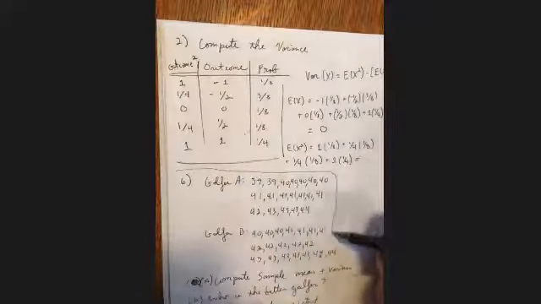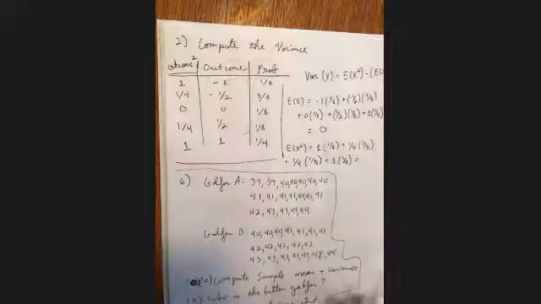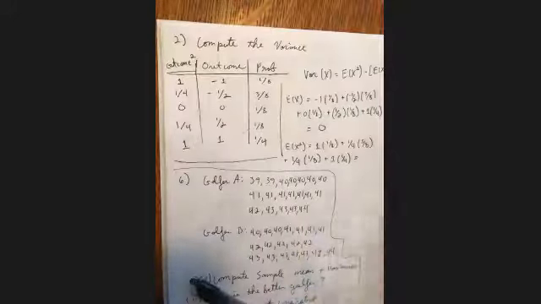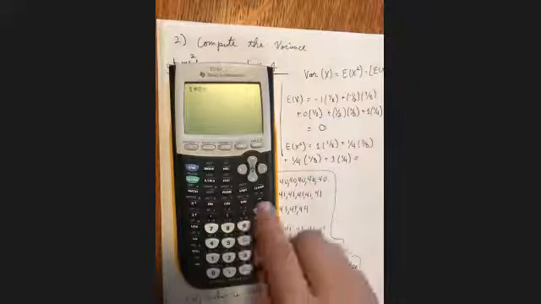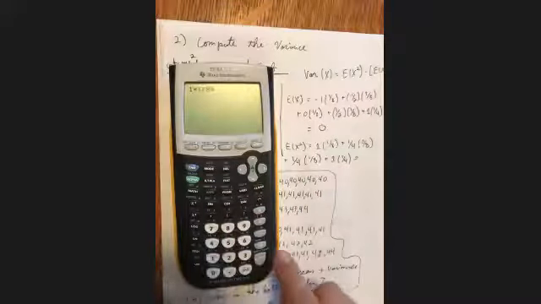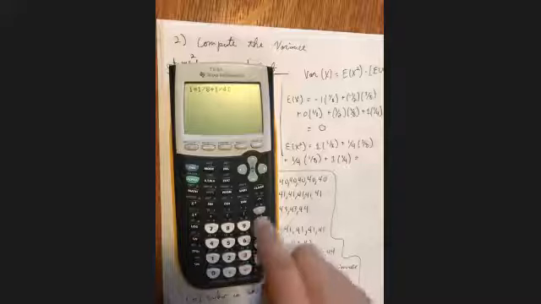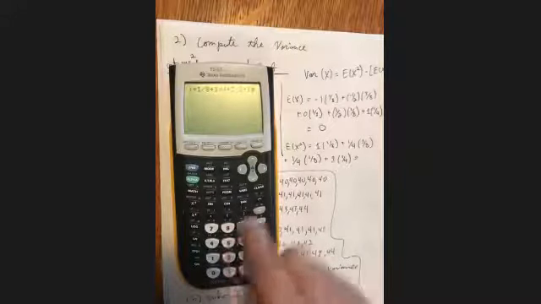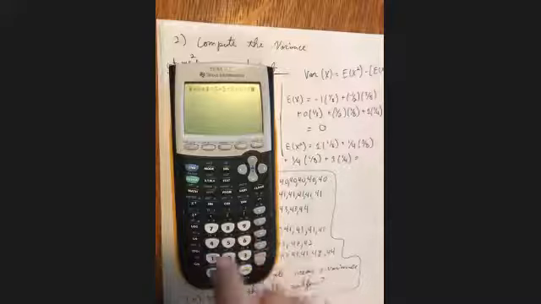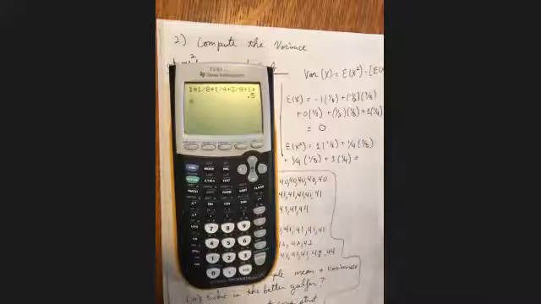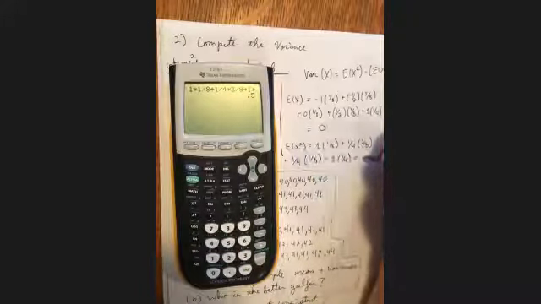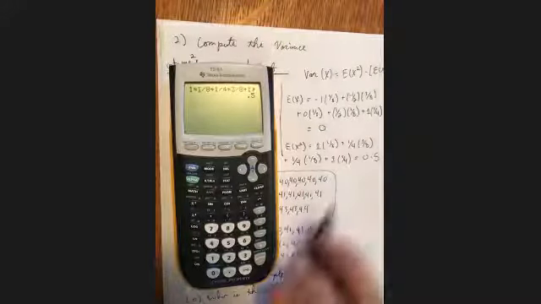We punch that into the calculator, and that gives us an expectation for x squared of 0.5.